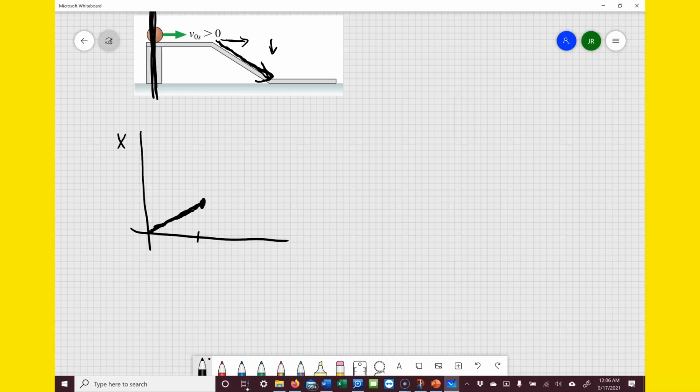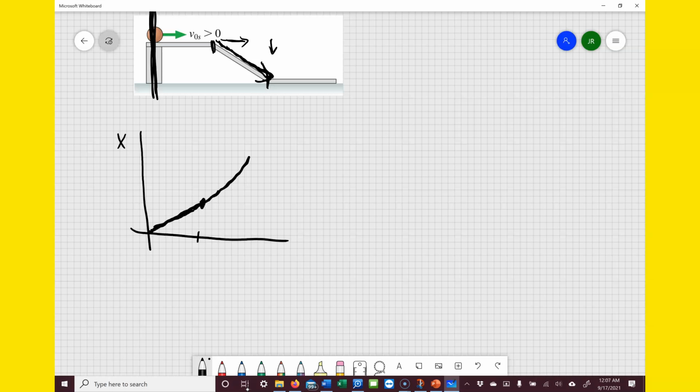Once it hits this point right here, it's going to be accelerating, so I have to show that with a curve. It's no longer a constant rate of change. Remember, the slope of position is velocity. Well, it's no longer a constant velocity.